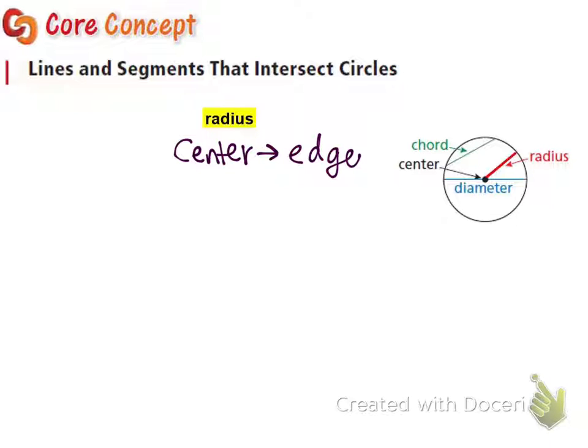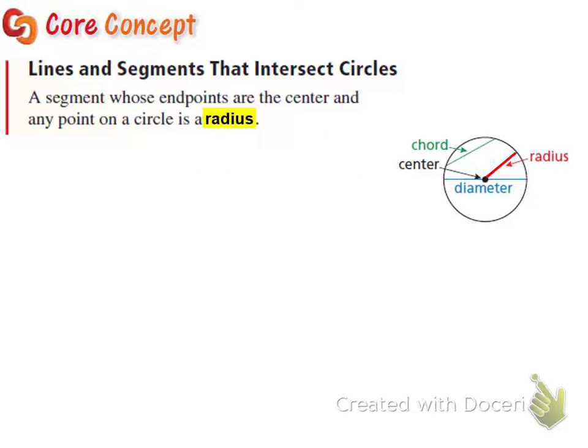There's an official definition that'll pop up, but center to the edge is perfectly fine. A segment whose endpoints are the center and any point of the circle. That's a radius. You can have multiple radii. It's technically the plural form.